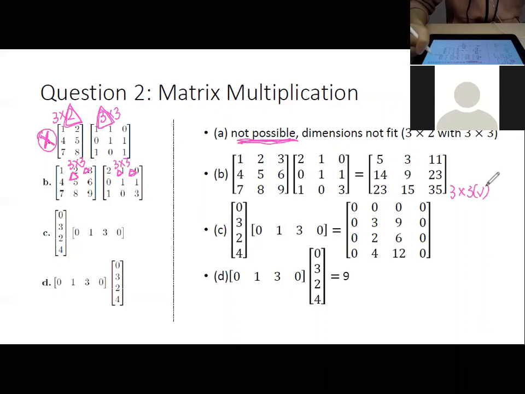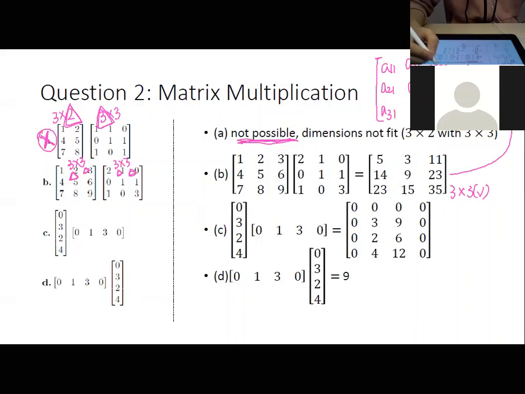Now we are going to see how we do the calculation. For the sake of simplicity, I use another notation to denote the matrix. It's A11, A12, A13, and A21, A22, A23. The third row is A31, A32, and A33.